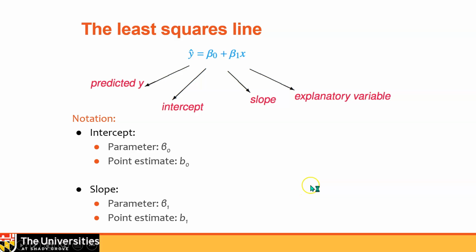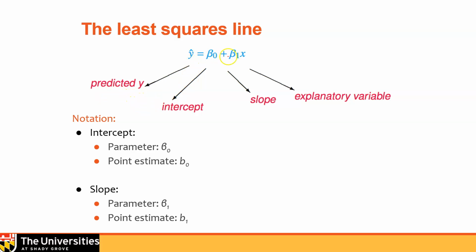And so it turns out that the model we get when we use a least squares line takes this form. This should look somewhat familiar to you. We have the predicted value, our y hat, is equal to beta sub 0, which is an intercept value, plus beta sub 1, which is a slope, times the explanatory value. Notice that this y hat is not the response, it is a predicted y value.